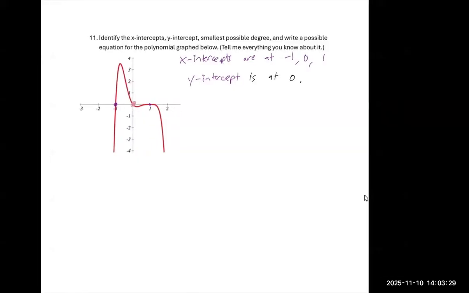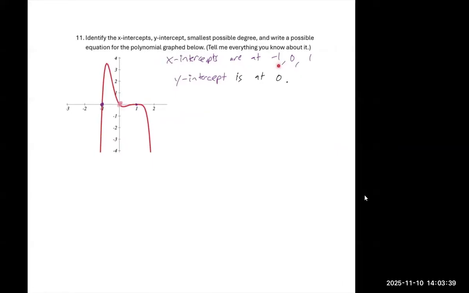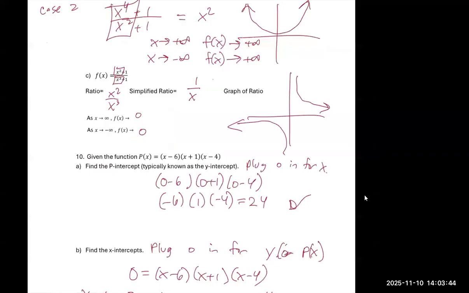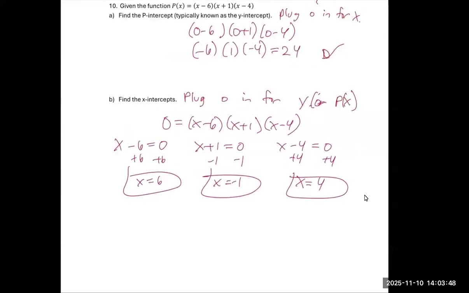Okay, what's the smallest possible degree that this polynomial is? Well, there's actually two different theorems. The easiest for me to remember is you just count the intercepts. Because each intercept, as we saw from the previous problem, there were 3 different factors.